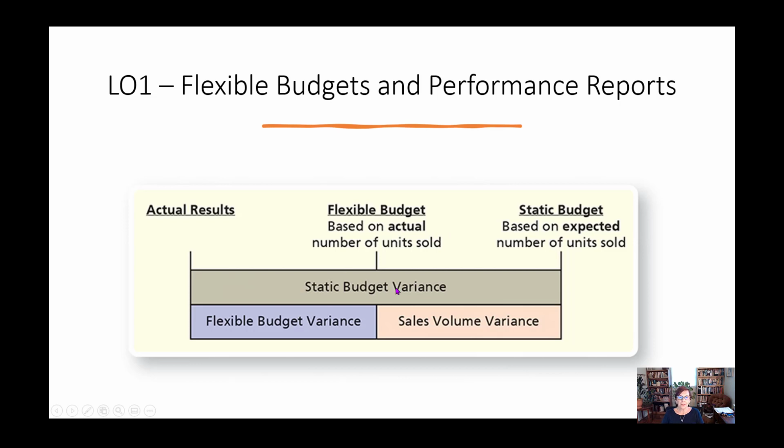So the static budget variance is the difference between the actual results and the static budget. That is broken up into 2 different variances down here. We have the sales volume variance, and that's the difference between the static budget and the flexible budget. And then we have the flexible budget variance, which is the difference between the flexible budget and the actual results.